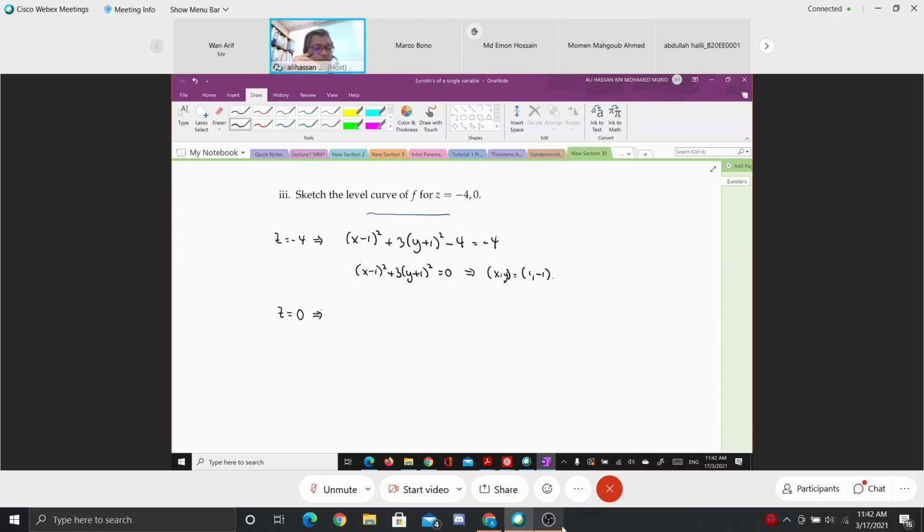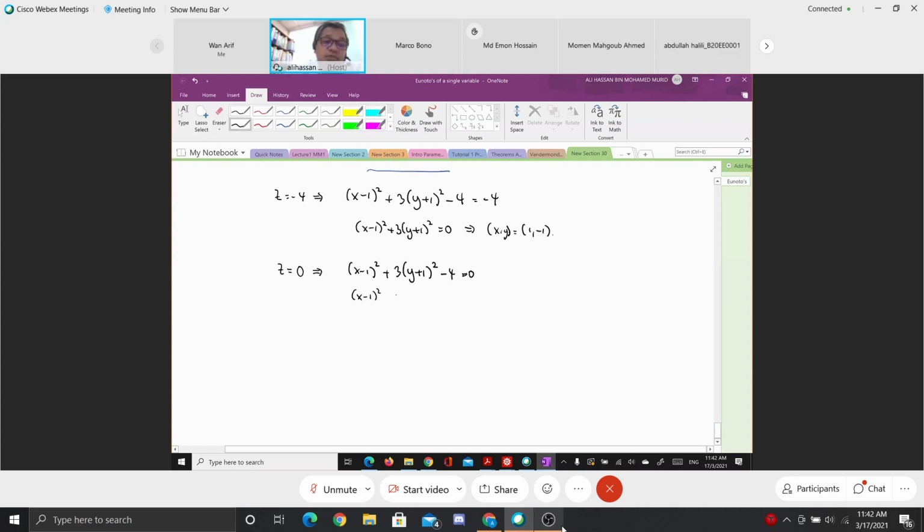And z equal to 0 means the xy plane, right? This is the xy plane. So when z equal to 0, the equation becomes x minus 1 squared plus 3 times y plus 1 squared minus 4 equal to 0. So x minus 1 squared plus 3 times y plus 1 squared equal to 4.